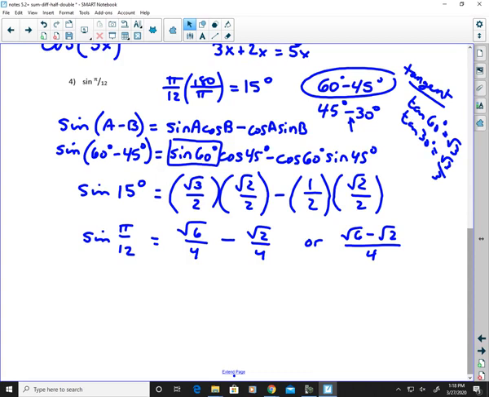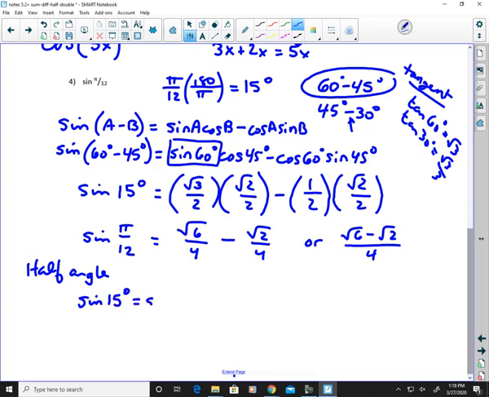Now, if I was to think of this 15 degrees as a half angle, if I was to think about this last one using a half angle formula, I'm just going to say, if I wanted the sine of 15 degrees, which is sine half of 30 degrees.